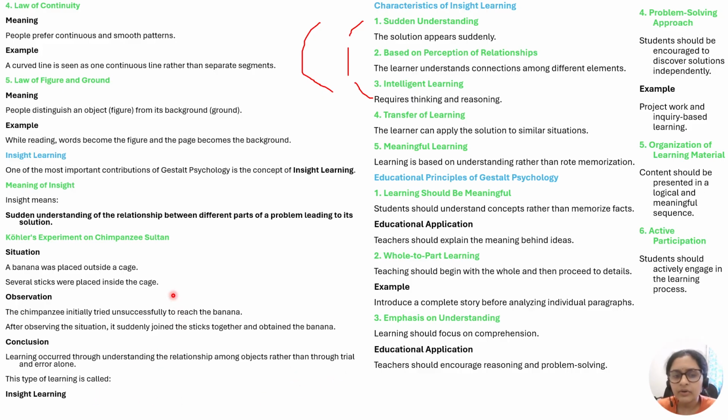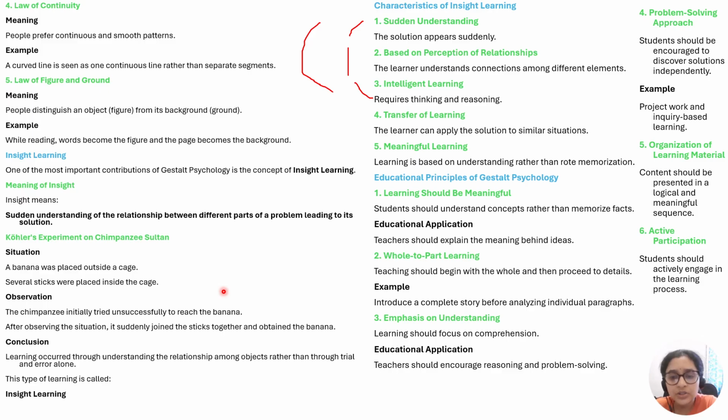That means here, what has the chimpanzee done? The chimpanzee is in a cage. Outside, a banana has been kept, and inside the cage sticks have been placed. Initially it did not understand how it should take the banana, but later it took the sticks, put them outside the cage, pulled the banana closer with the sticks, and then carefully held the banana between two sticks and brought it into the cage.